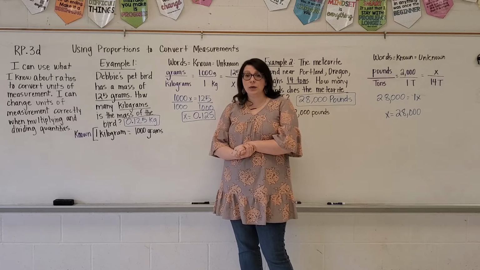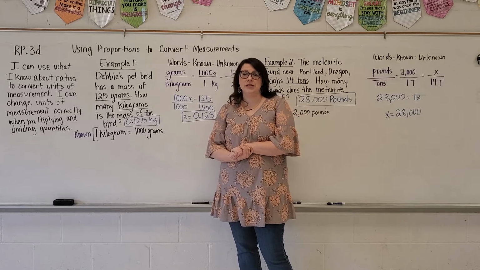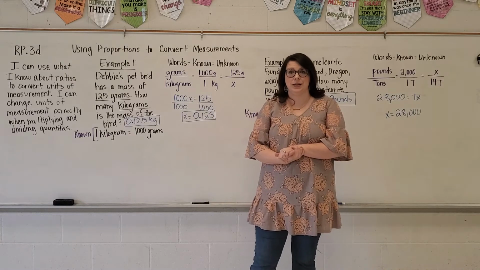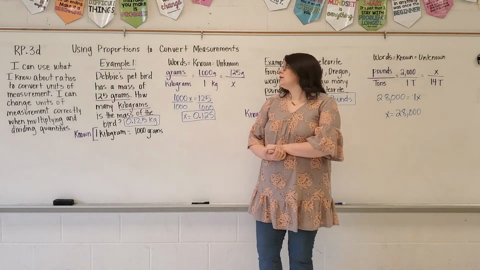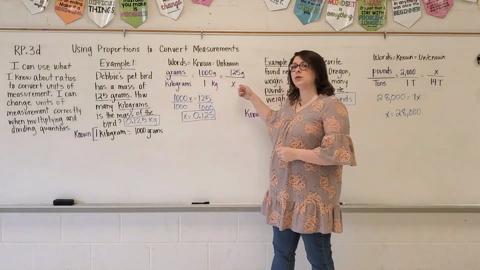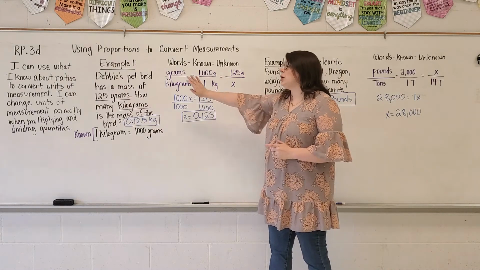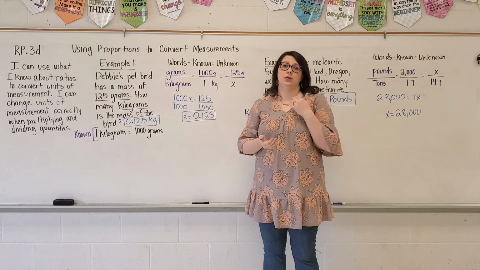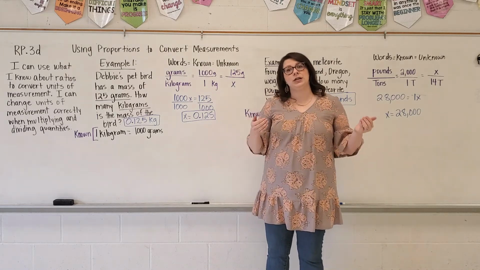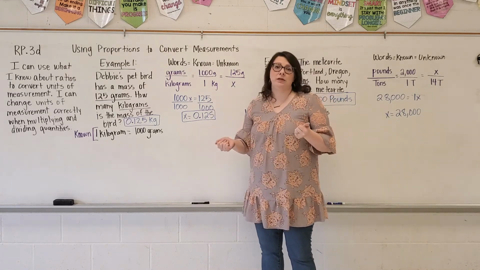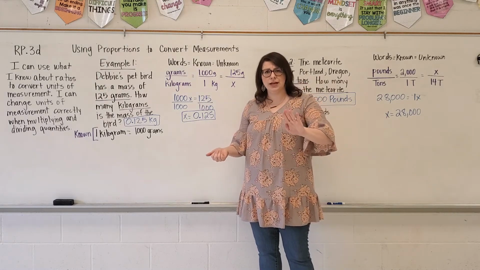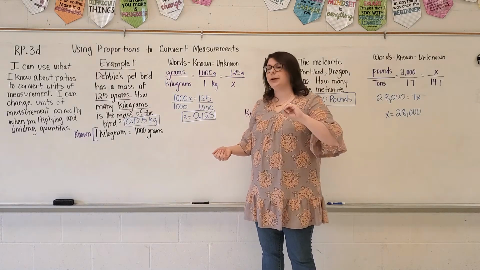Now, if we write that as 1,000 grams is equal to 1 kilogram, then that is a unit rate because the denominator is 1. So we're going to use what we know, and this is what we're looking for. If 1,000 grams is equal to 1 kilogram, then how many kilograms is 125 grams equal to? We use that same rate, that first ratio.